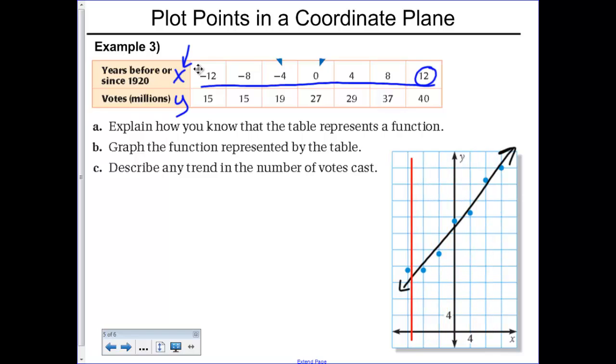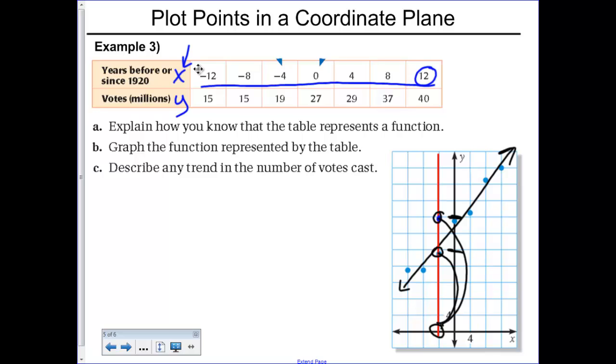So if I were to have a non-function here, let's suppose I have another dot right there, and I were to run my vertical line across it, you'll see that when I cross it like this, I have 2 points that would match that vertical line. So for whatever this value of x is, it would have 2 outputs for y, and that would not be a function.